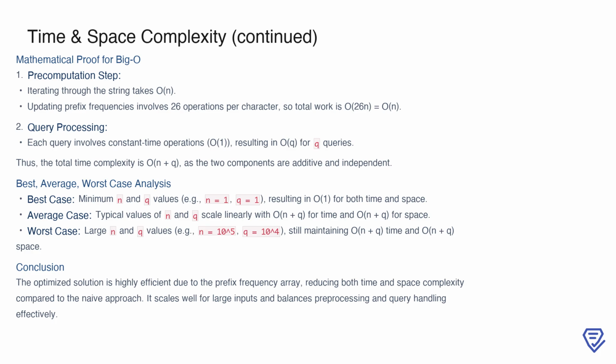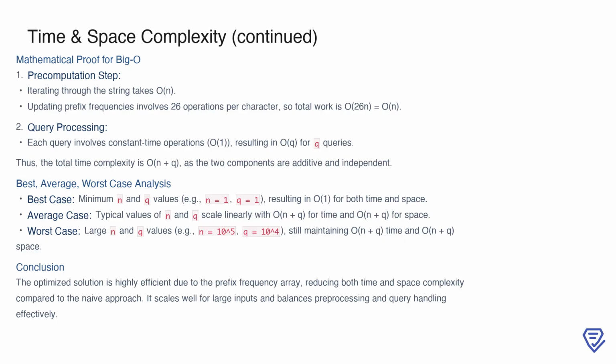During pre-computation, iterating through the string takes O(n) time, and updating the prefix frequencies involves 26 operations per character, leading to a total of O(26n), which simplifies to O(n). For query processing, each query involves constant time operations, so for q queries, the total complexity is O(q). Adding these together confirms the overall time complexity of O(n plus q).